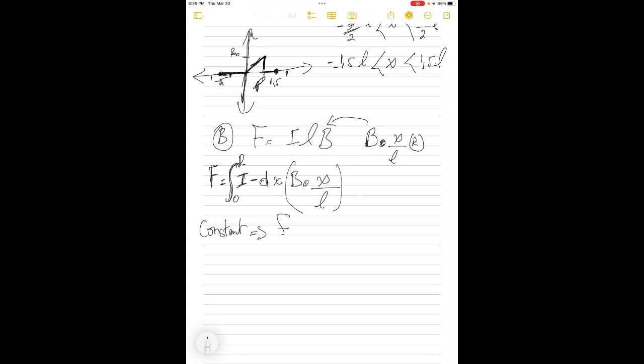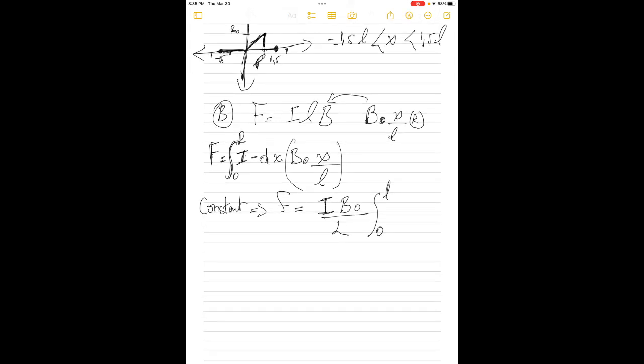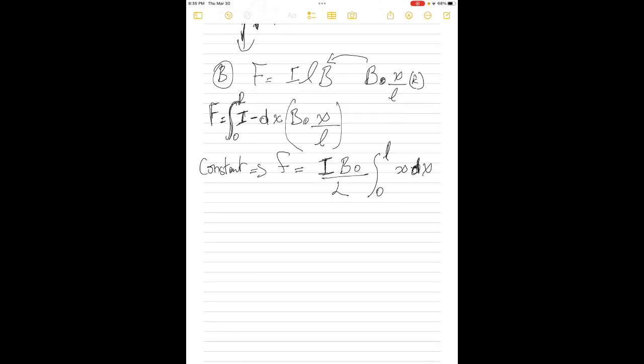It's going to be equal to I B0 over L, the integral between L and 0 of x dx, because the minus is not going to count in this limit.